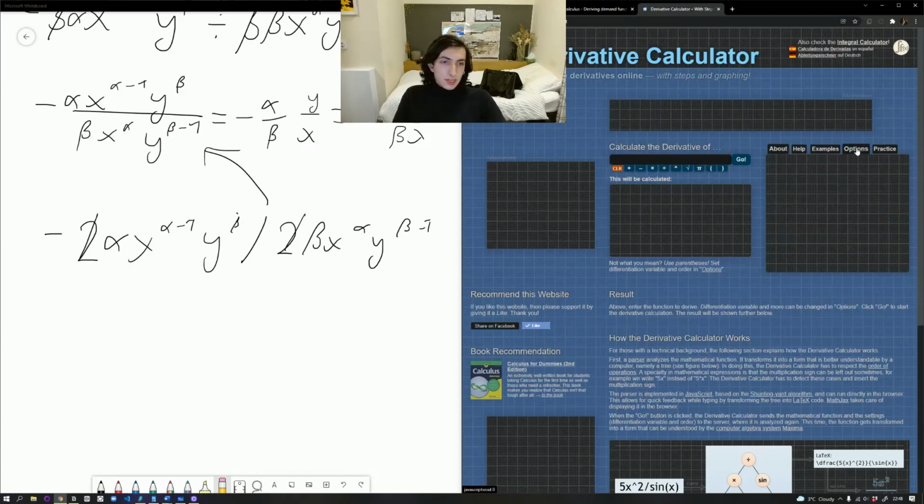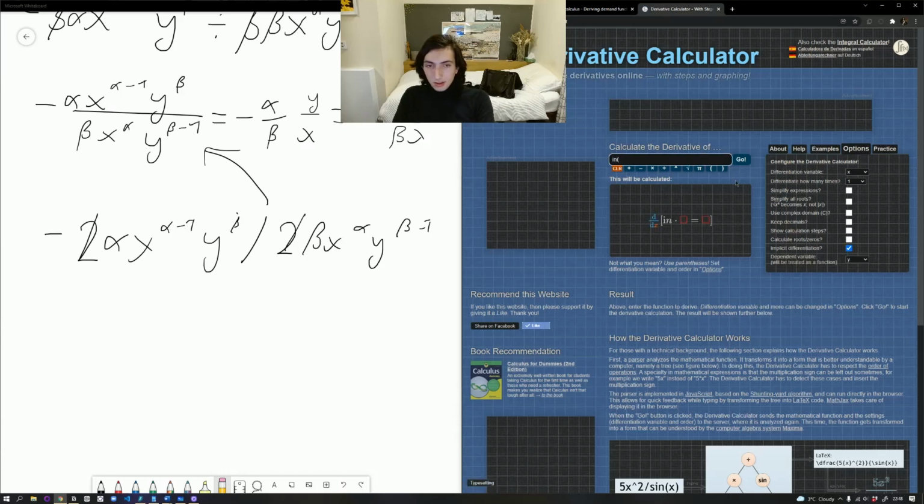Let me just set implicit differentiation. So, ln of x to the alpha plus, I mean, it's technically the other way around, but you get the point. By the way, this site is very useful. I would recommend that you use it if you're ever struggling on a quick differentiation.